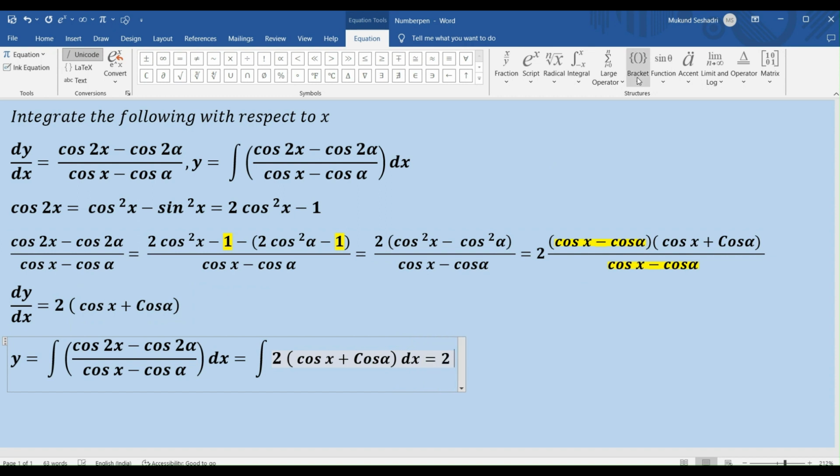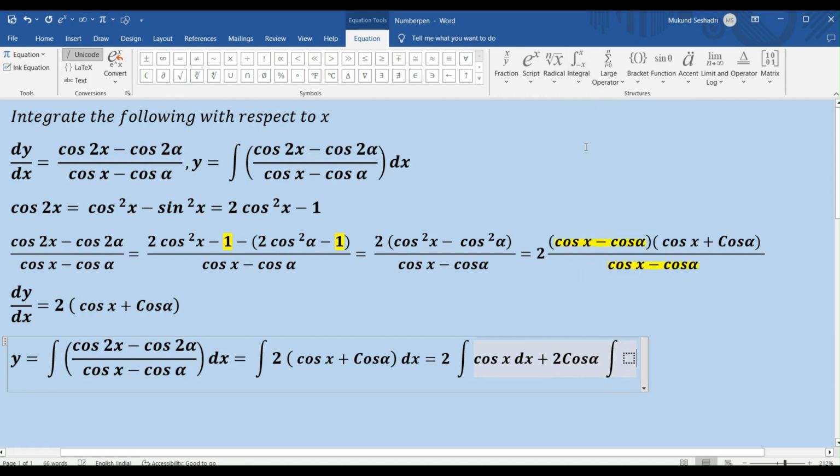So what happens to this? It becomes 2 times the integral of cos x dx. I pull out the 2. And then I again have 2 times cos alpha. My alpha is a constant, so I can pull it out of the integral. So I have 2 cos alpha times the integral of dx, right? So this is what I have.